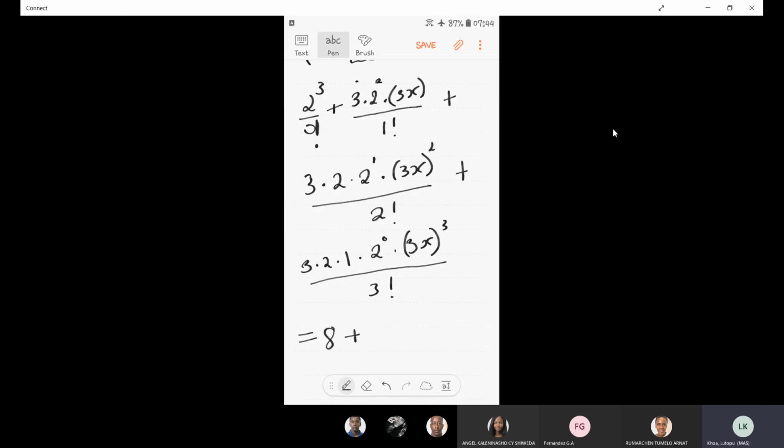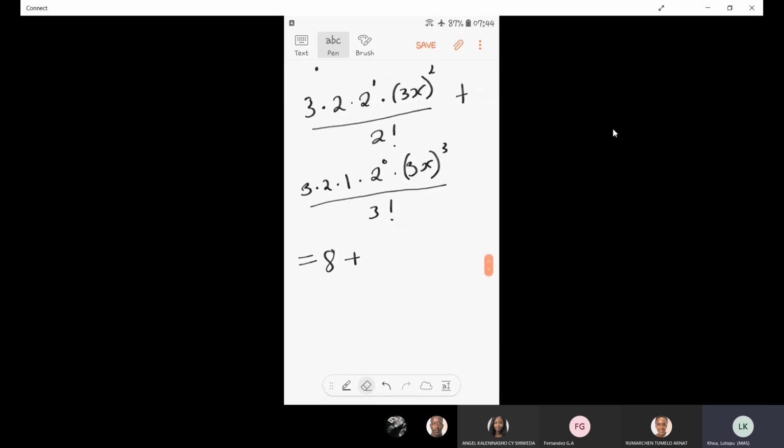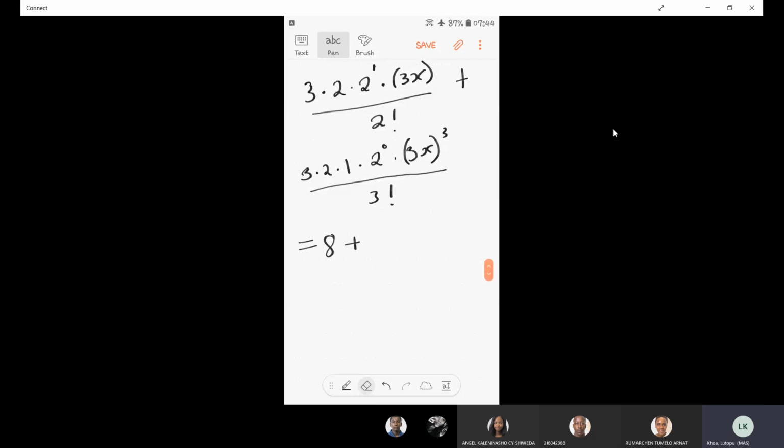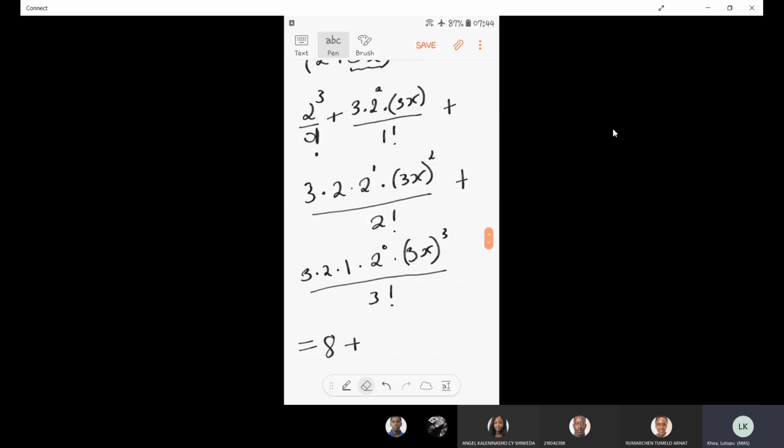And then I have 3 times 2 squared. 3 times 2 squared, that's 12. 12 times 3 is 36, and I have 36. And the power of x is 1. Okay, and then I continue.